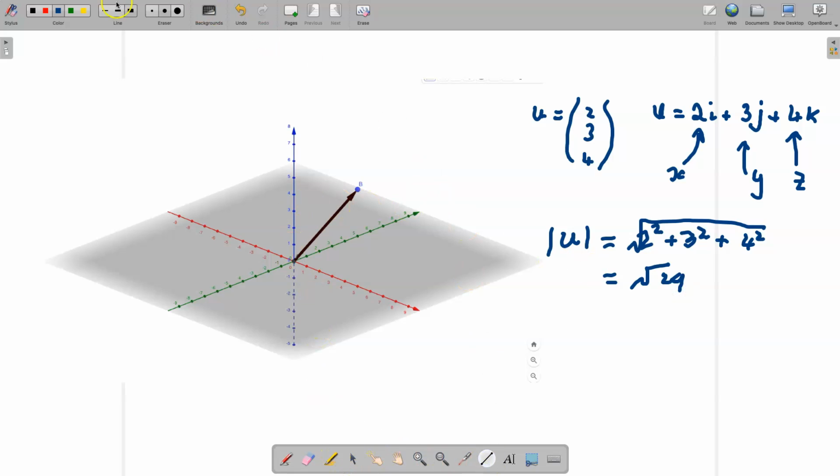Well, if we look on here, if we were to go along from the start here to 2, 3, so let's make a straight line there of 2, 3, and then we go straight up like that. Now from 2 to 3, that line there I'm going to use Pythagoras for, and find that that line in there is the square root of 2 squared plus 3 squared, so that's root 13.